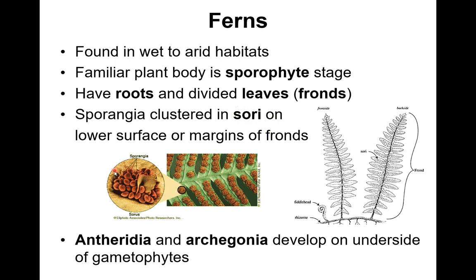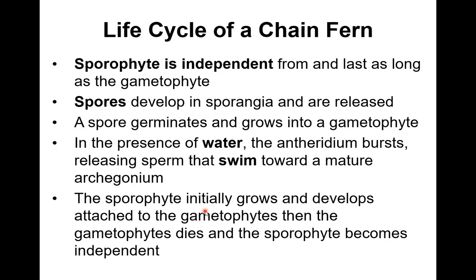They cluster together in this structure here underneath, and that's where the spores are produced and then released to the ground, where they will form an independent gametophyte. The gametophyte and the sporophyte are independent organisms here. And now the gametophyte will produce the antheridium and archegonium on the underside. The same one will produce both. They tend to be homosporous as well.